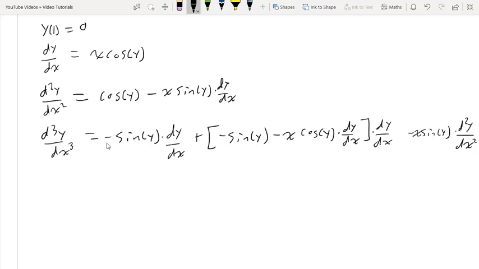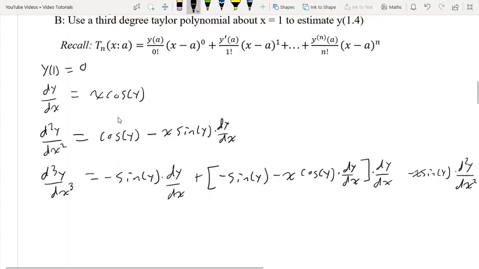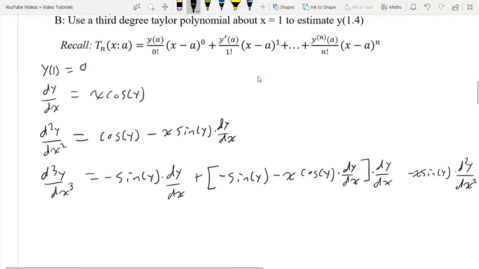Once you do that, now you can substitute the point for the initial condition, which is when x is 1 and y equals 0.